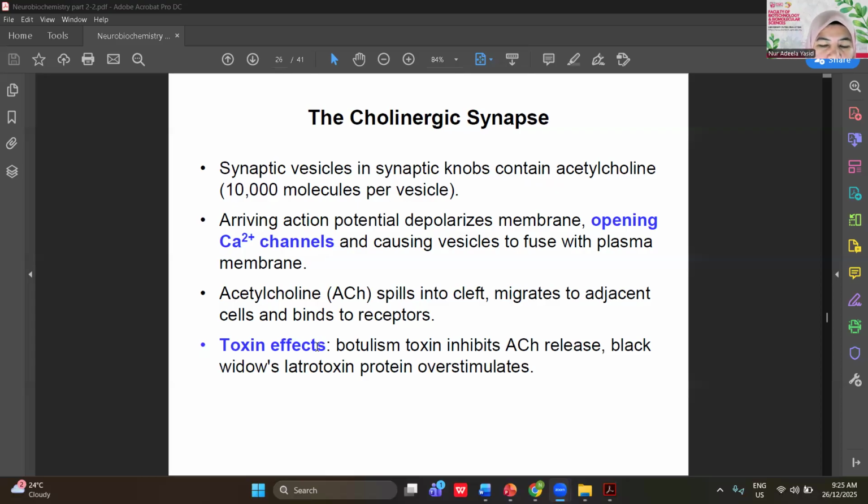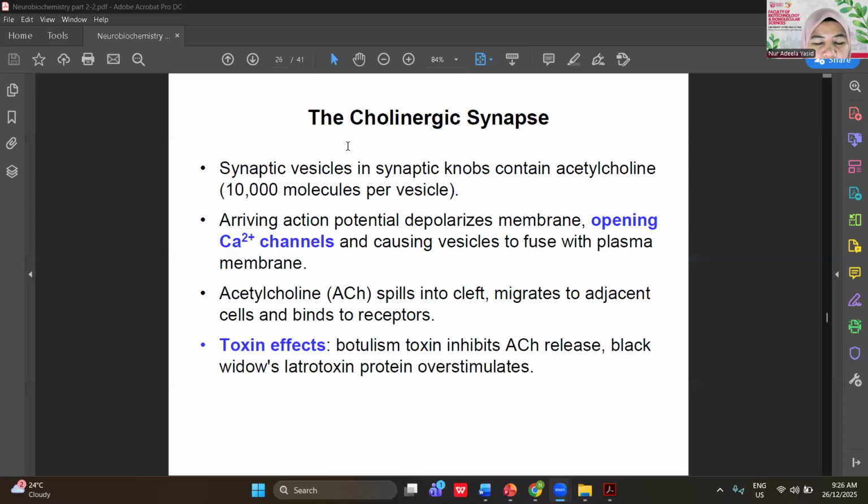When an action potential arrives at the presynaptic membrane, it depolarizes the membrane, causing calcium channels to open. This causes an influx of calcium, which triggers vesicles to fuse with the plasma membrane.